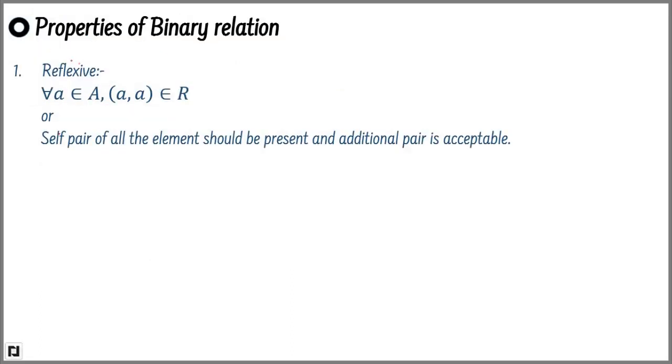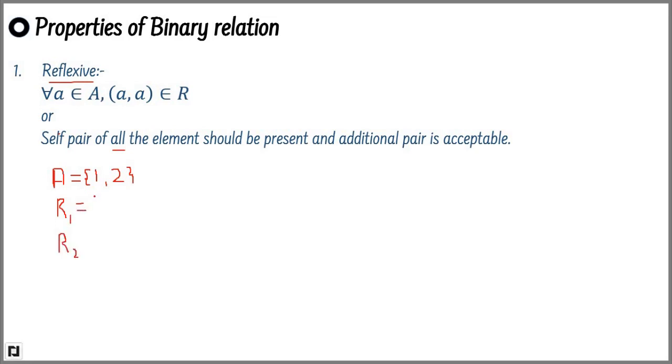So here we have our first property of binary relation, which is reflexive. According to this property, if we have an element a which belongs to the set A, then the pair (a, a) should belong to the relation, or the self pair of all the elements should be present, and additional pairs are acceptable. Let's take an example. If we have a set A which contains elements 1 and 2, and we are given two relations R1 and R2.